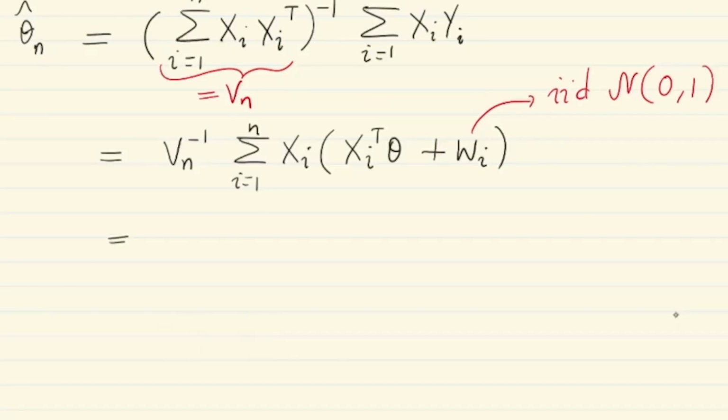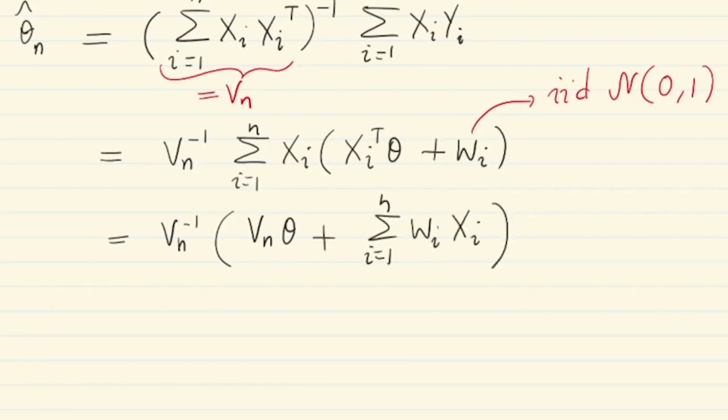If you distribute the inner sum, you get Vn times theta by definition, plus the second sum, which is the sum of wi xi. Let's call this sum Sn.